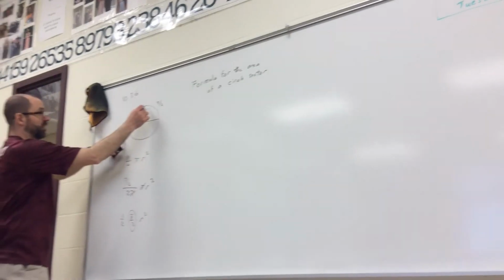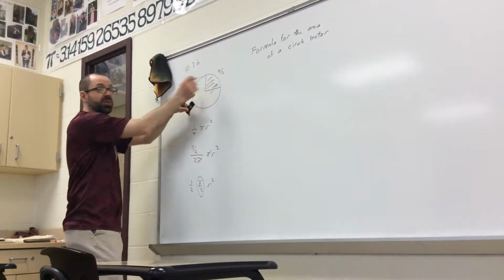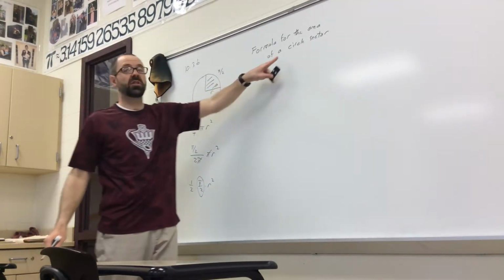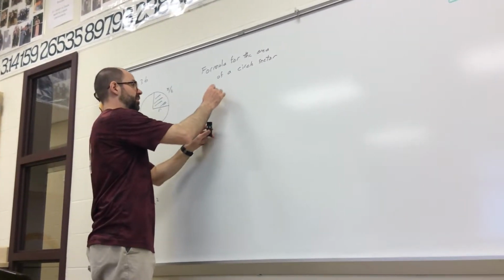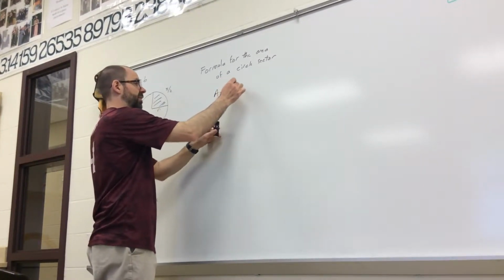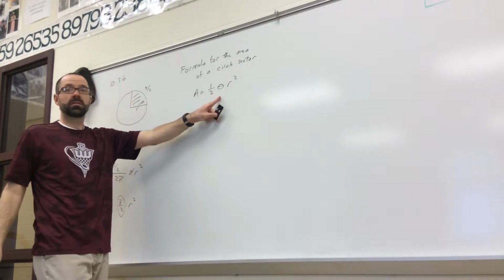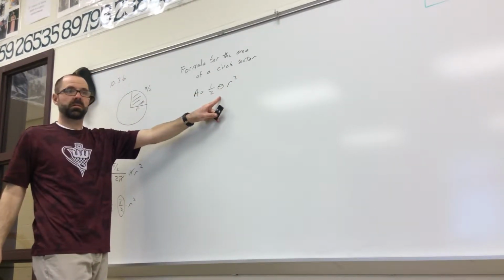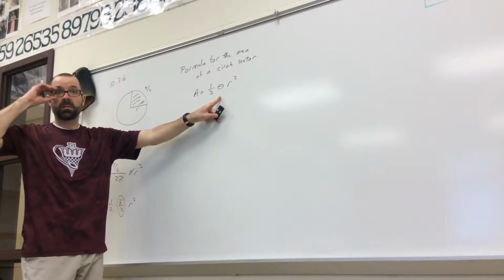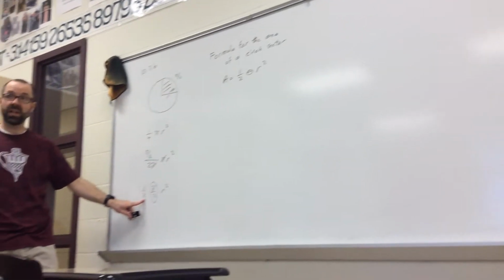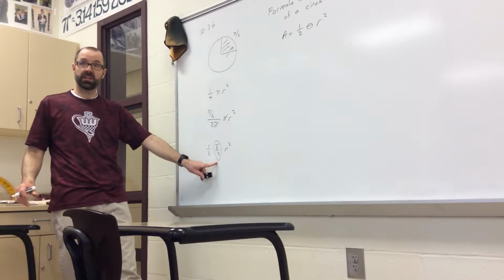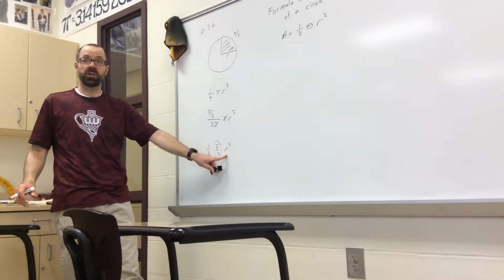So we're finding the area of part of this circle. That's called a circle sector. And the area is 1/2 theta times radius squared. See how that was working here? 1/2 times our theta times our radius squared.